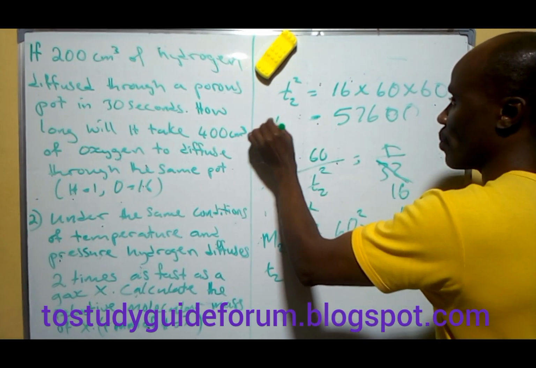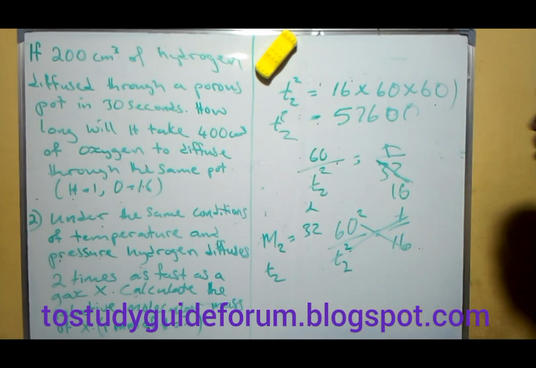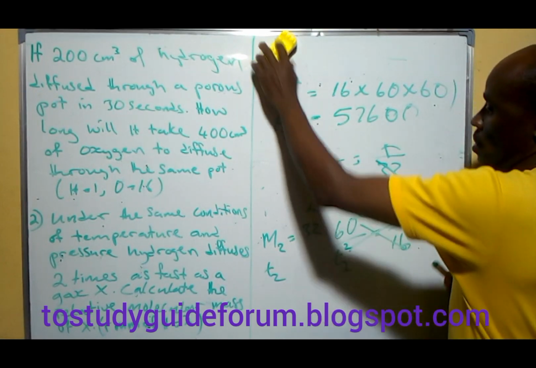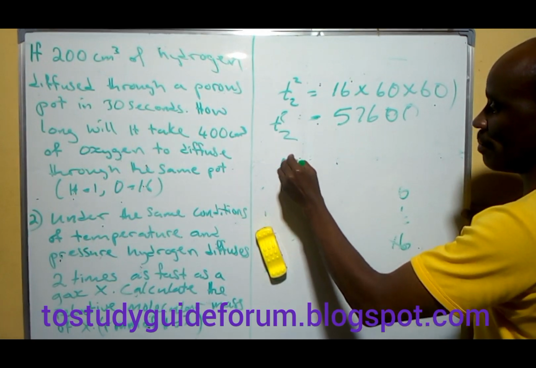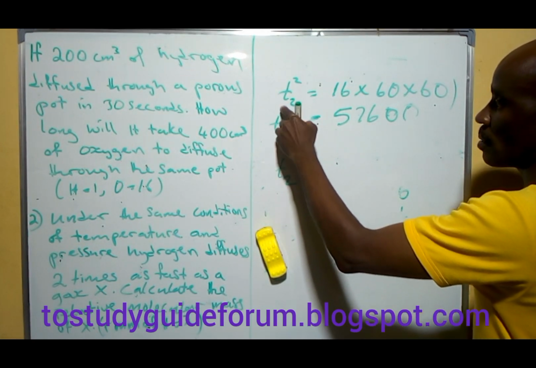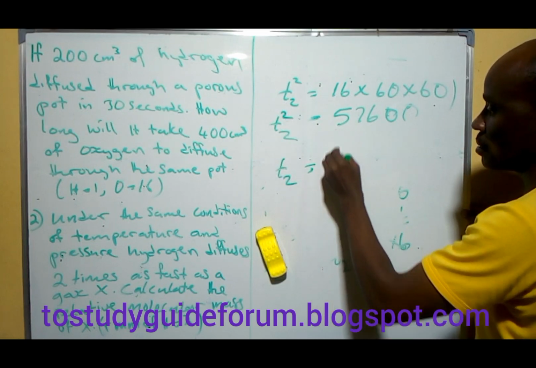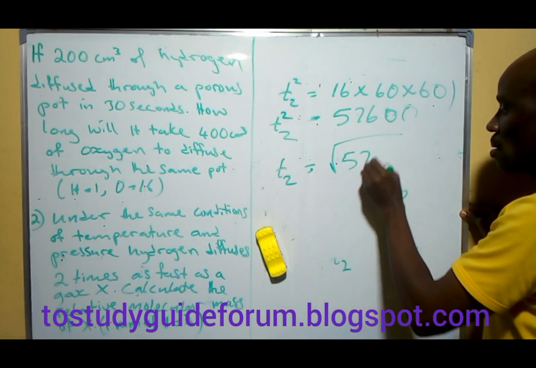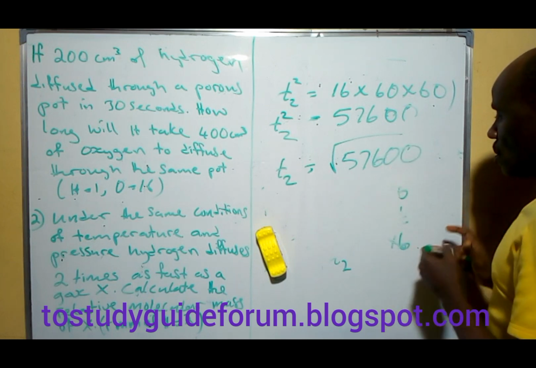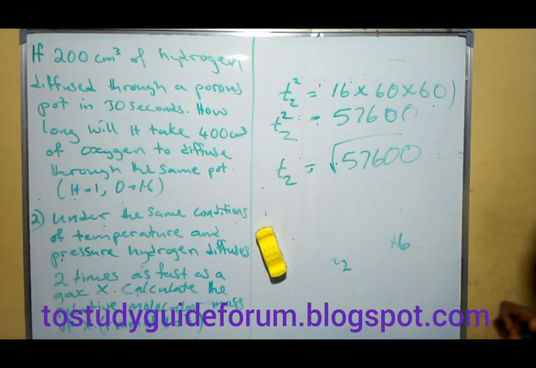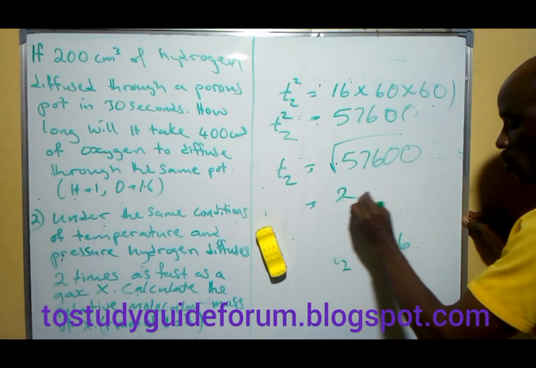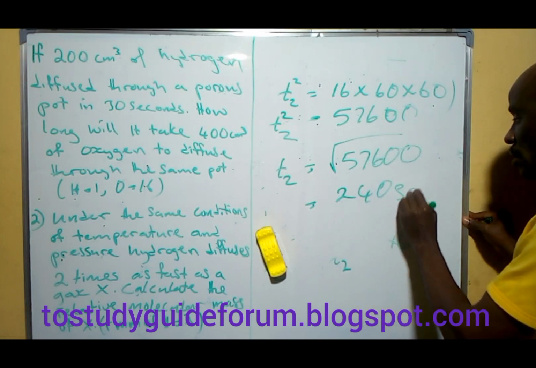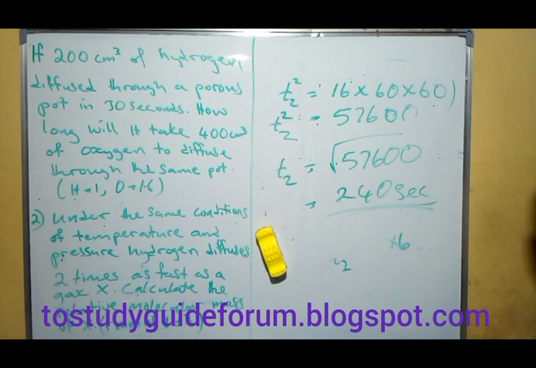So we're going to get the square root of that. That's when we arrive at the main thing. You know that this one is squared, then the square root of 57,600 is 240 seconds. That is the time it will take.